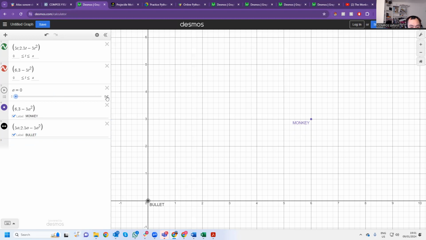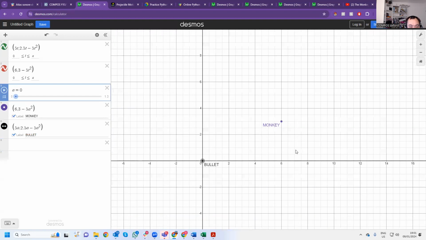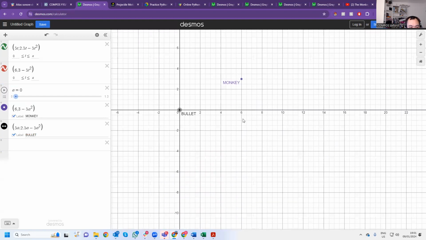It's traveling at 5, so we'll need about 2 seconds to reach the monkey. Well, not 2, 1.2 seconds. You need 1.3 seconds. Okay. Let's see what happens.